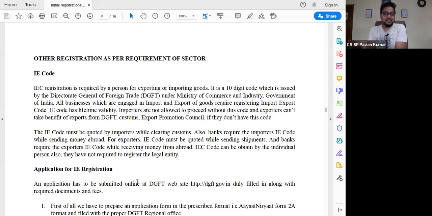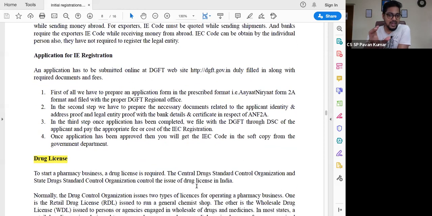Whenever I'm importing something or exporting something, I have to be identified with a particular number, which will be a unique number. Only I will have that number. So for the purpose of identification, these IE codes are taken. It will be applied for on the DGFT website.